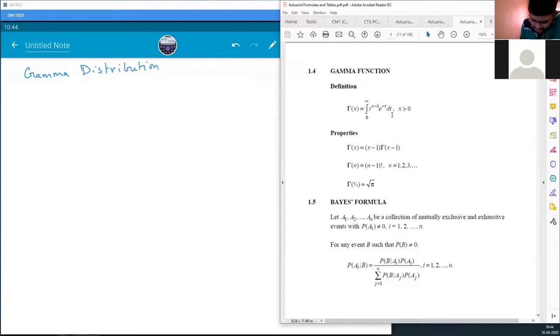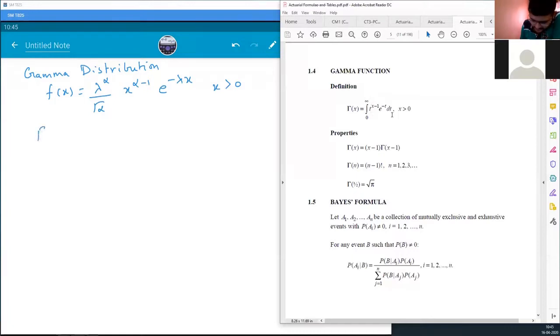The gamma distribution was formed from this gamma function. How, we'll talk about in a minute. First of all, the f of x we get is lambda raised to alpha by gamma alpha, x raised to alpha minus 1, e raised to minus lambda x. This is our f of x for x greater than 0, so our limits go from 0 to infinity.